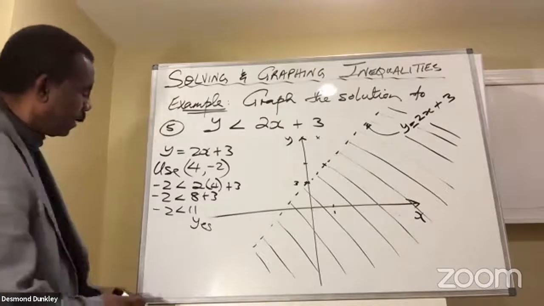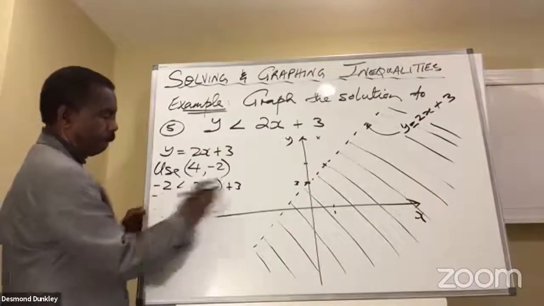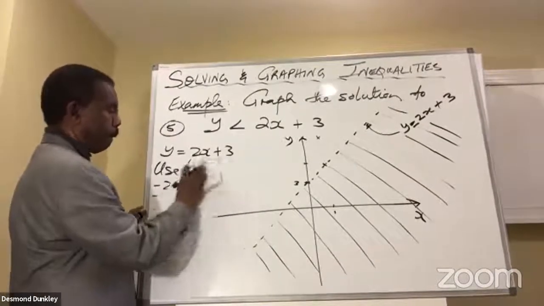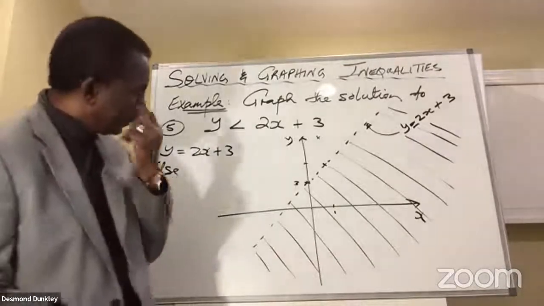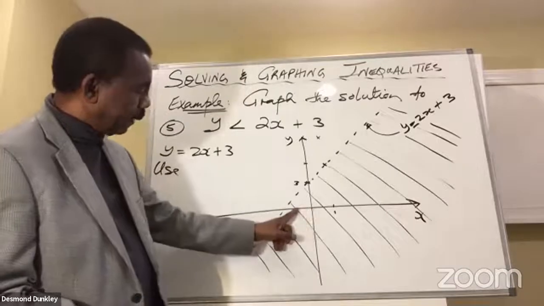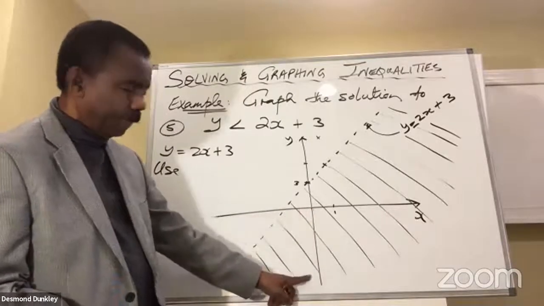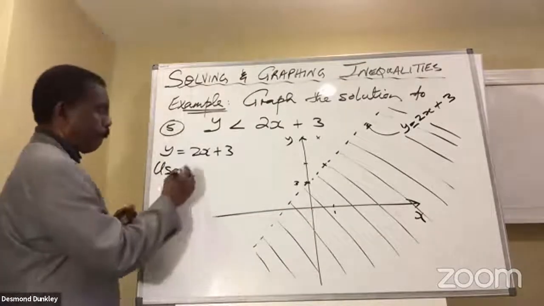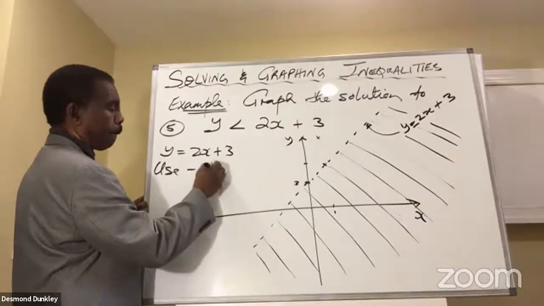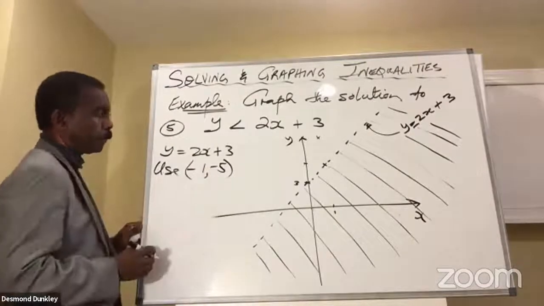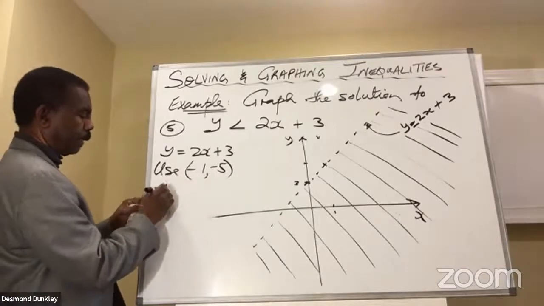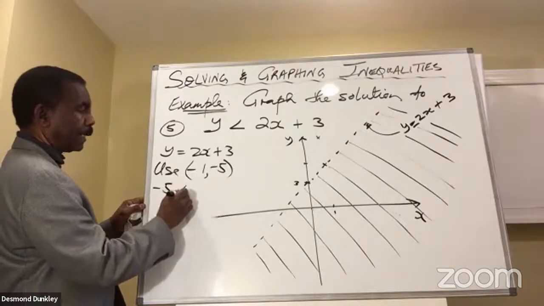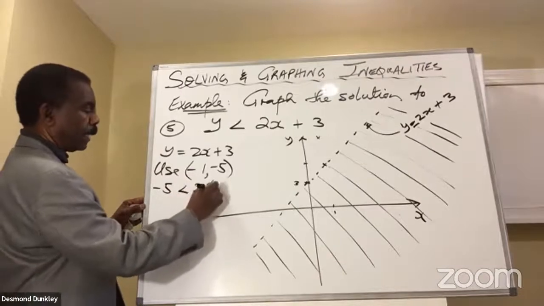Let's try another one. Let's go for one that is over here. Let's try -1, -5. So y is -5, x is -1. So is -5 less than 2 times -1 plus 3?